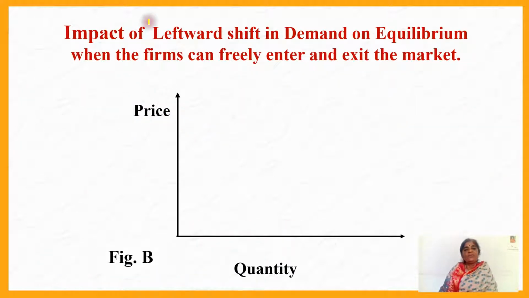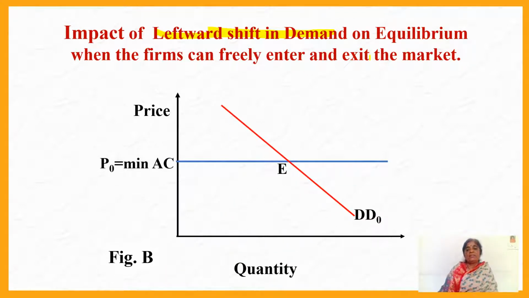And now we are going to discuss the leftward shift in the demand curve and its impact on equilibrium when there is free entry and exit. As you all know, this is the demand curve DD0. It intersects the price equal to minimum AC line at E. Therefore, this is the equilibrium point. At initial equilibrium, the quantity is Q0.